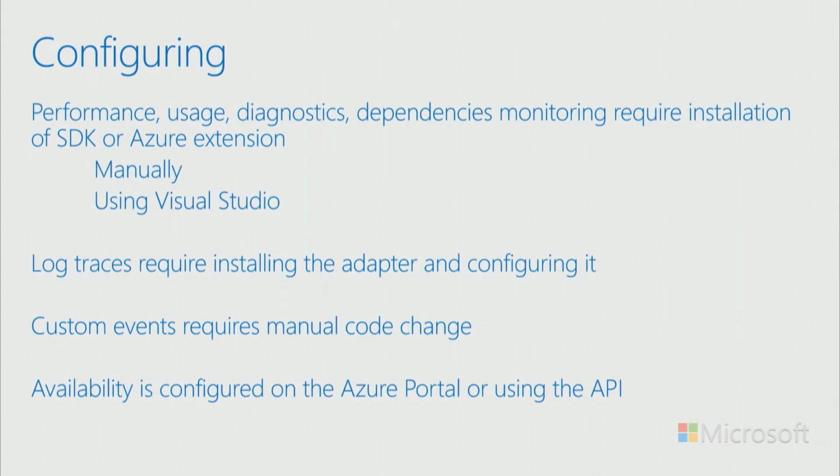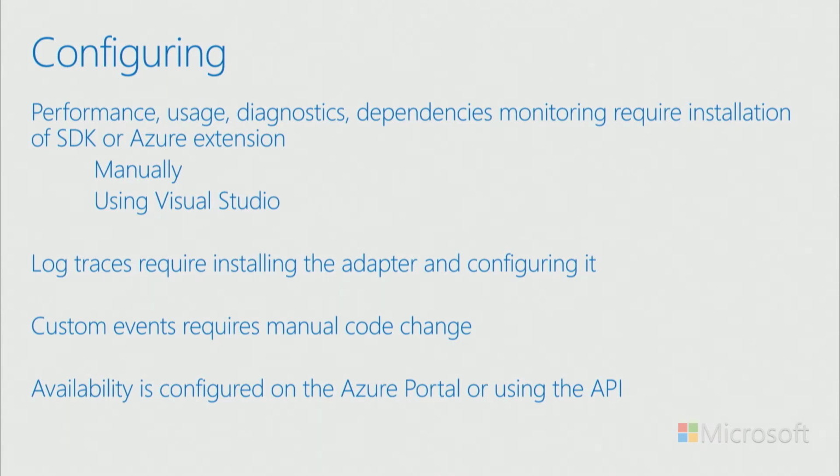So it's very easy to instrument your application. It doesn't require changes to your code. It typically requires just the installation of the SDK and a little configuration so you can tell Application Insights to which resource the data is being sent via an instrumentation key.